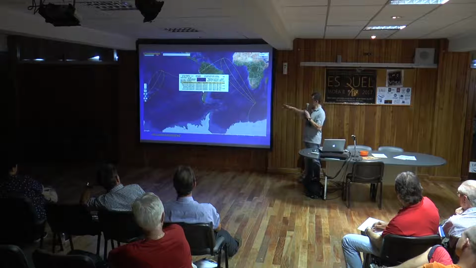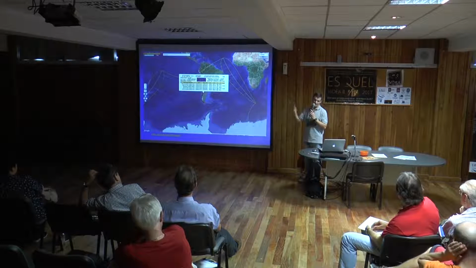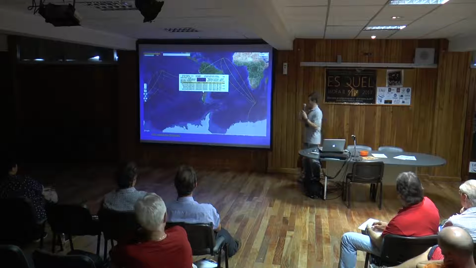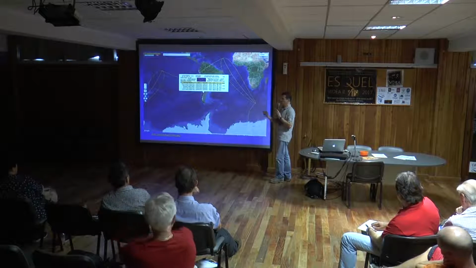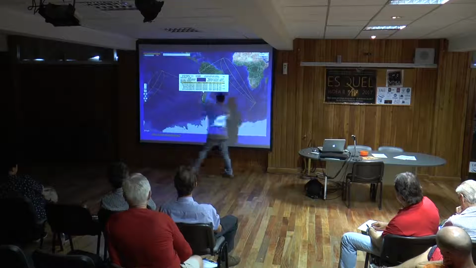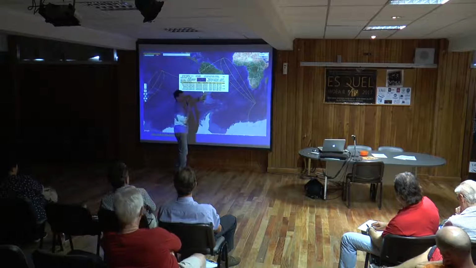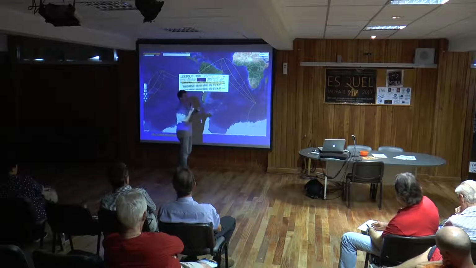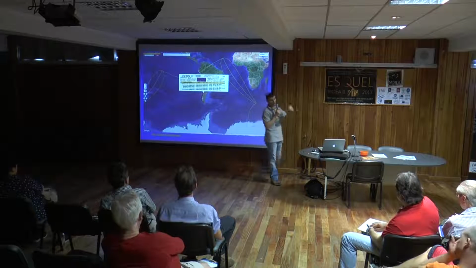I'm not going to really enter into the details, but the Earth rotation speed varies. So, of course, you make a prediction, but you don't know exactly how the Earth is going to behave. So it means that the path can be slightly shifted, east or west, depending on the variations of the rotation of the Earth.